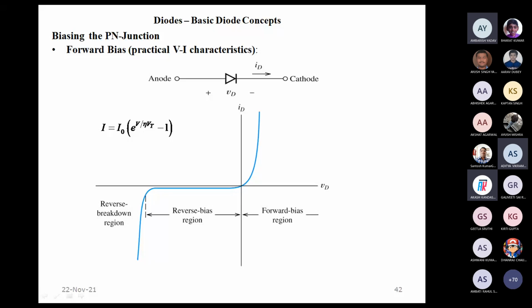Overall, if we look at the characteristic here, this is a practical case. In this practical case, we see that the current is not increasing to an infinite value, but rather it is exponentially increasing here. And also in the reverse direction, we don't have zero current, but we can see a small finite current in the reverse direction as well.